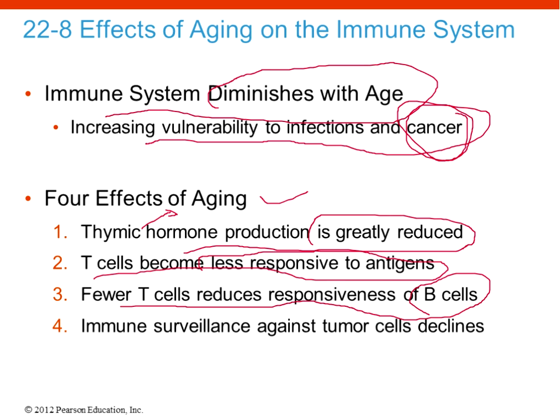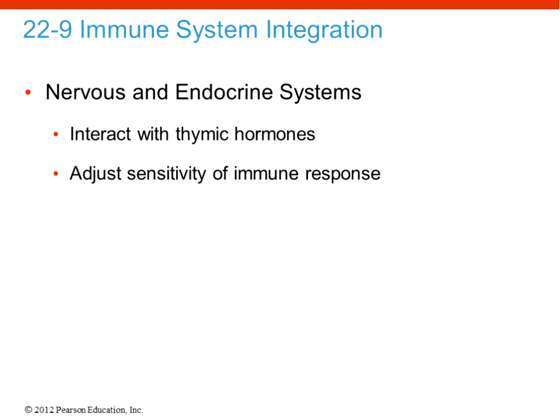We said there are helper T cells that help those B cells divide and differentiate, so you're going to have fewer B cells. And then also immunosurveillance is going to decline because you have fewer of those natural killer cells. So really across the board, you're seeing a reduction in T cells, primarily because of the atrophy of the thymus as we age. Okay?